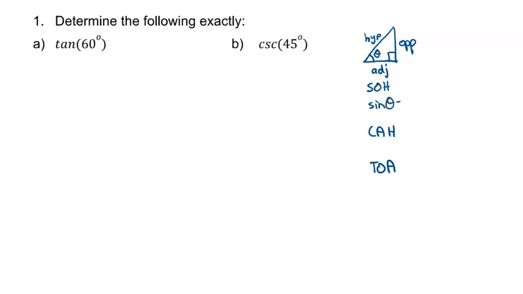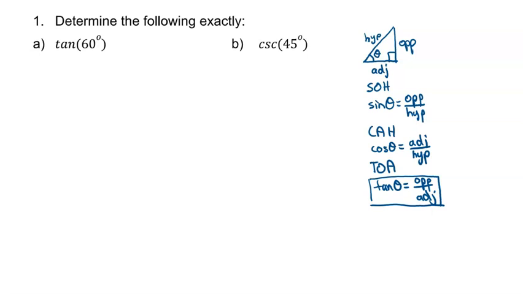Sine of an angle is equal to the opposite over the hypotenuse, O over H. The cosine of an angle is equal to the adjacent over hypotenuse, A over H. And then the tan of an angle is equal to the opposite over the adjacent, O over A. For this first question we're going to use the tangent, which is opposite over adjacent. That's not necessarily helpful yet because we don't have a triangle with an opposite and adjacent side, but we will see in a moment that 60 degrees corresponds to a special triangle.